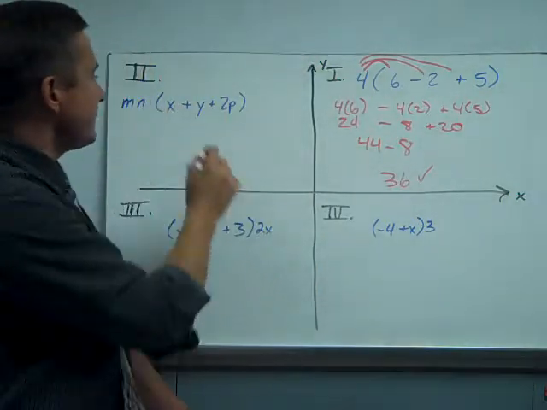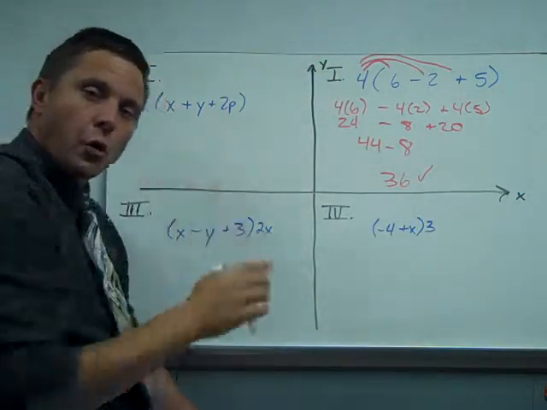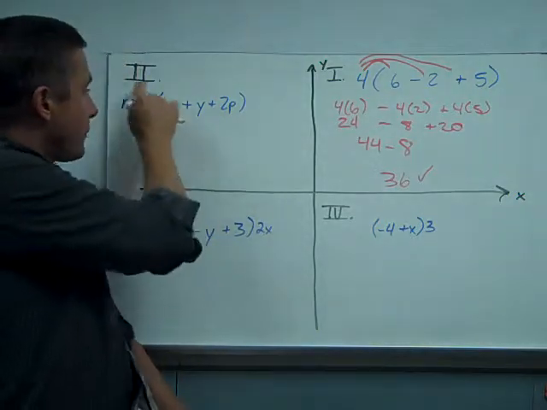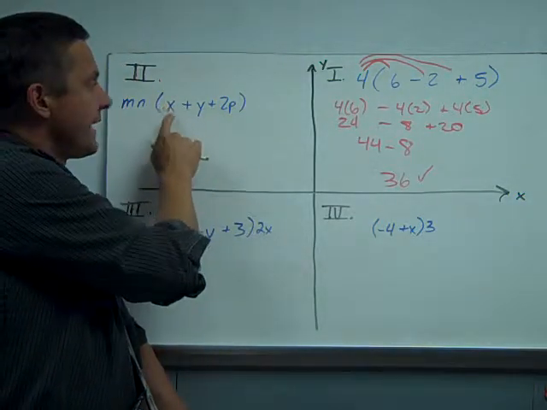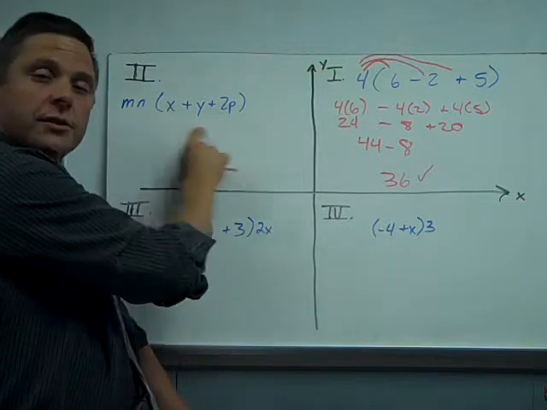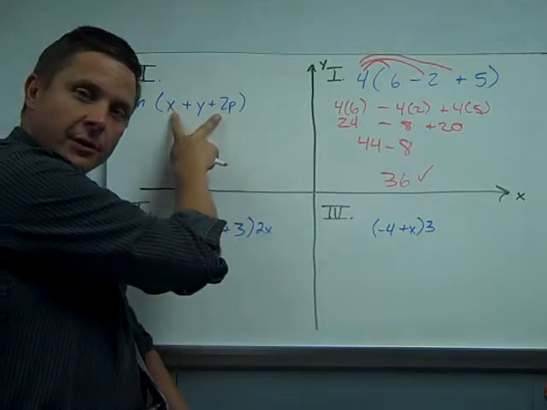On the second one, mn, which is 2 factors, but it's one product here, times the quantity x plus y plus 2p, one term. Inside the parentheses are 3 terms.